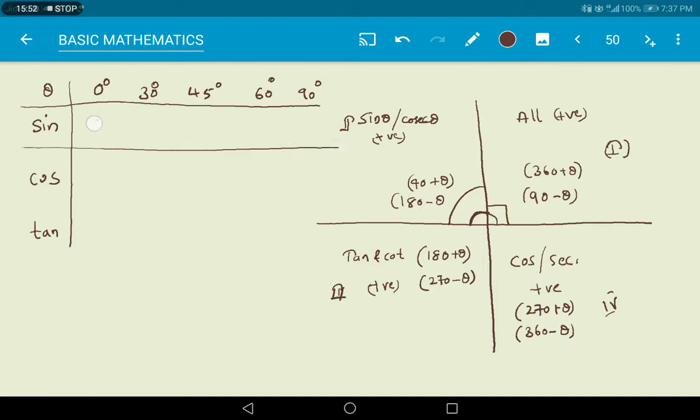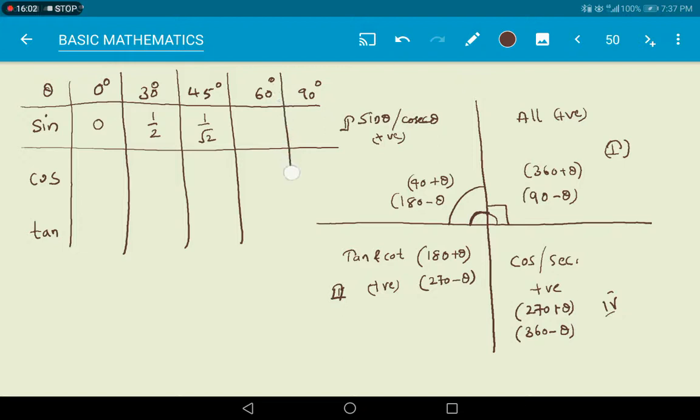So sine 0 is 0, sine 30 is 1 by 2, sine 45 is 1 by root 2, sine 60 is root 3 by 2, sine 90 is 1. Next, the cos values: if you write sine 90, cos 0 is 1, cos 30 equals sine 60, cos 45 equals sine 45, cos 60 is 1 by 2, and cos 90 is 0.